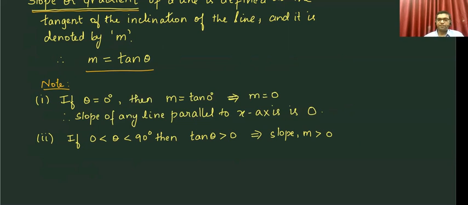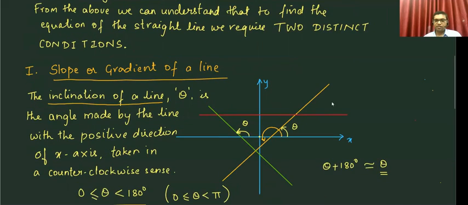In the previous one, here only I'll mark here. This has positive slope. This line parallel to x-axis has 0 slope.